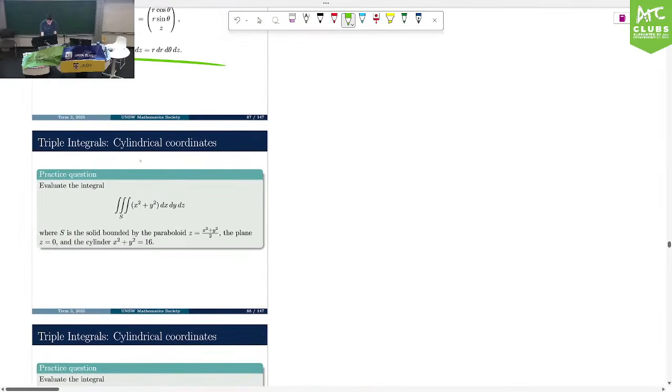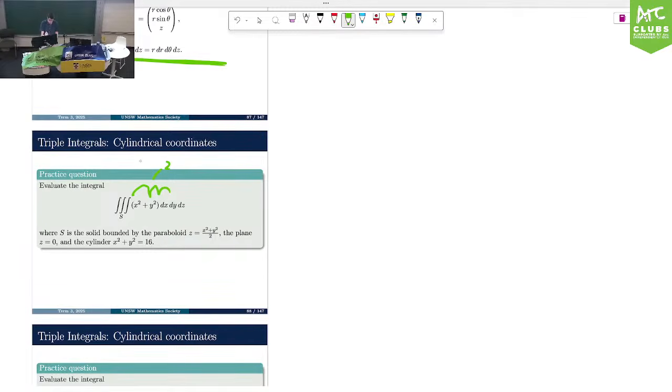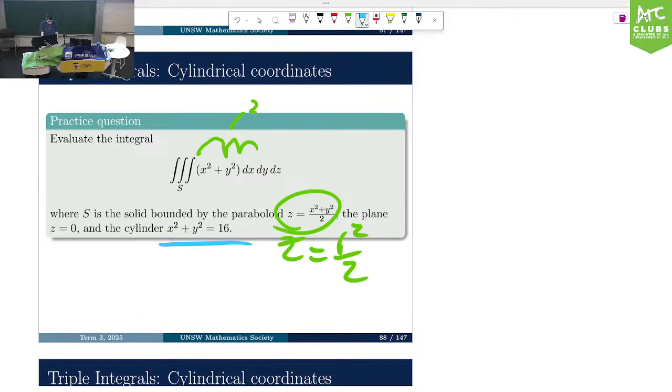In that case, we can do integrals like this, where we can substitute in cylindrical coordinates, this would become r squared. And as we said, we can substitute that in, so there'll be another r here. In terms of this boundary, we can represent this as z equals r squared over 2. Over here, we can say that this is r squared equals 16, so we have two nice little conditions.